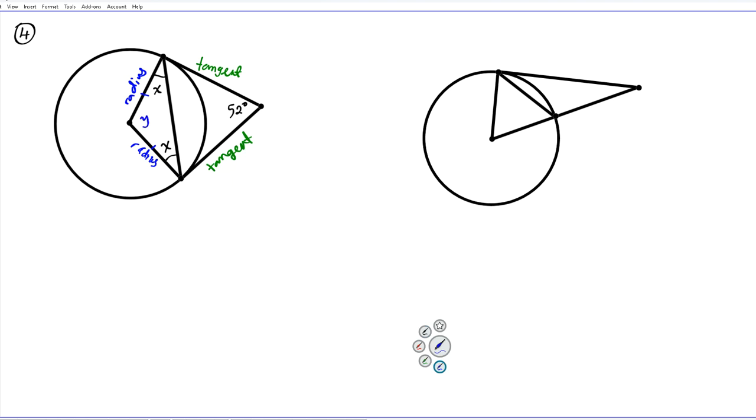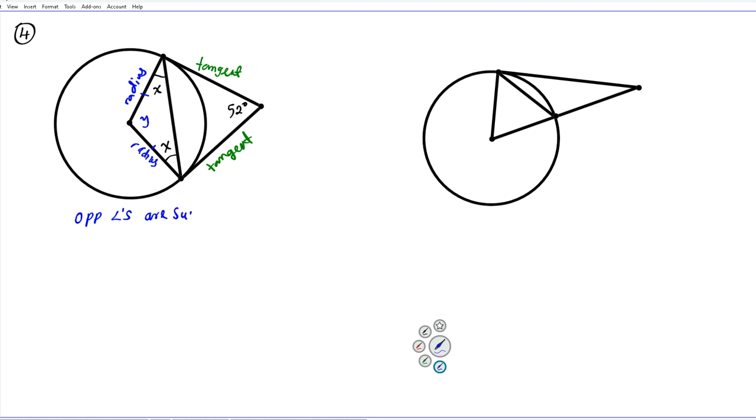We said for a configuration like this, opposite angles are supplementary. Okay, so remember we said opposite angles are supplementary when you have a quadrilateral formed by 2 radii and 2 tangents.